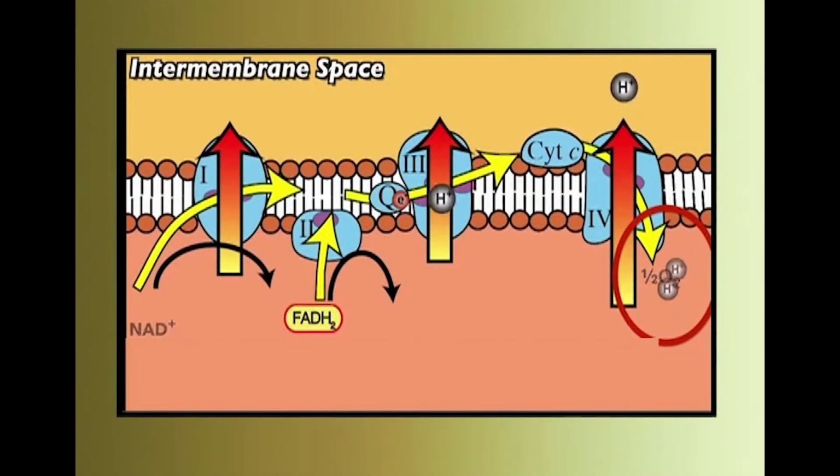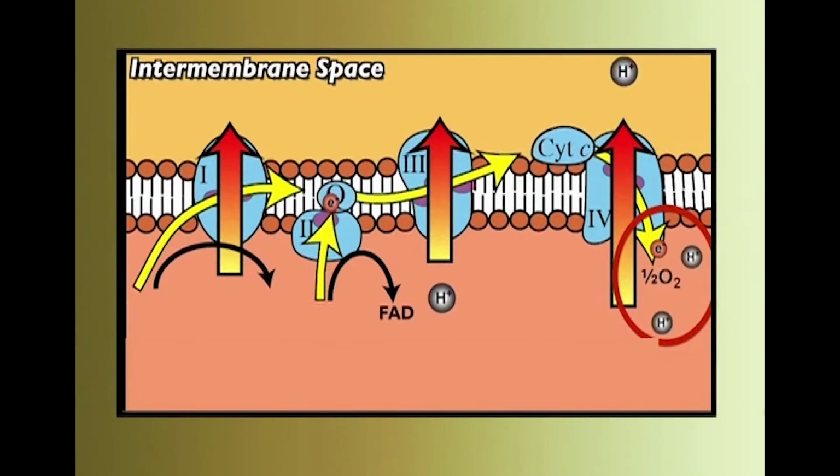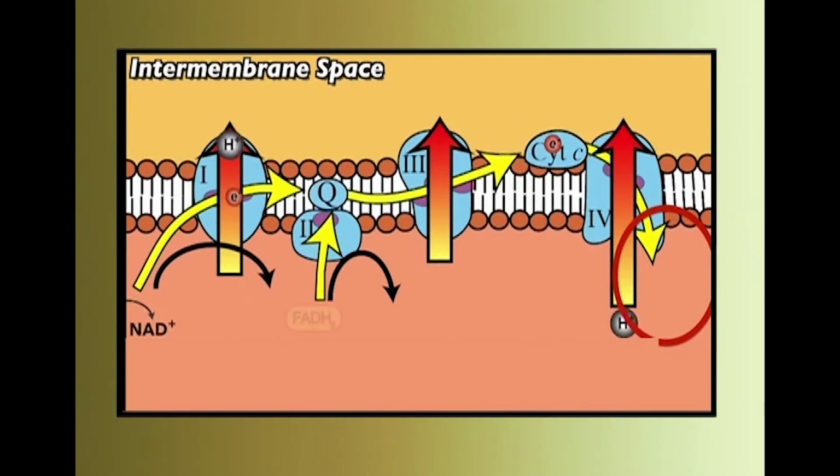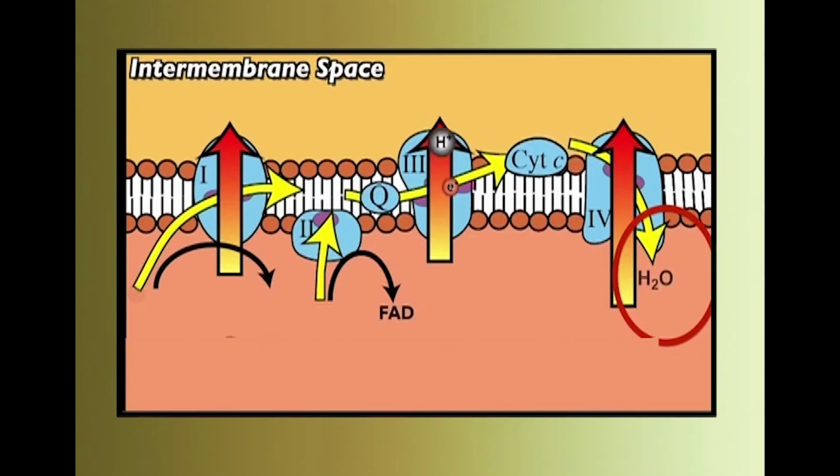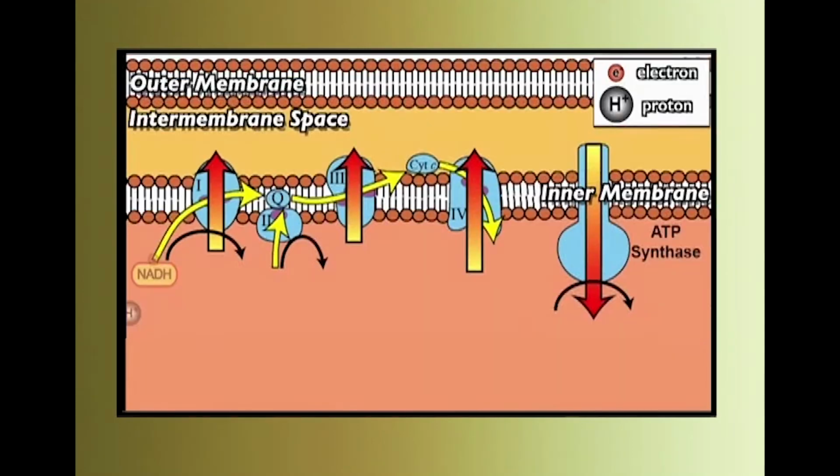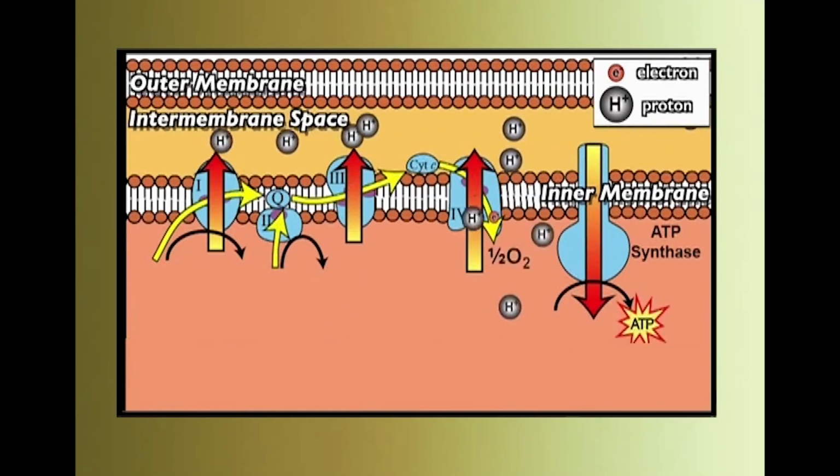What has just been summarized is shown more in detail, and the plus charges in the intermembrane space indicate the highly polarized membrane because of the presence of protons. The proton gradient is having no protons or very few protons inside the matrix and a large number of protons outside the matrix. Now, these protons cannot remain outside, they have to flow back into the matrix to maintain an equilibrium.